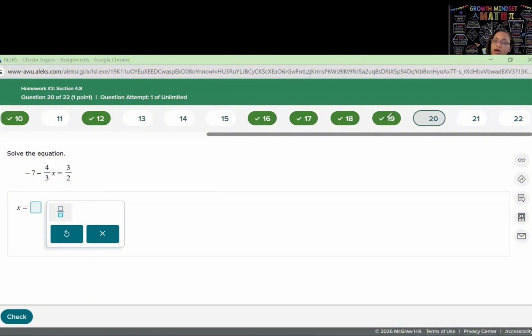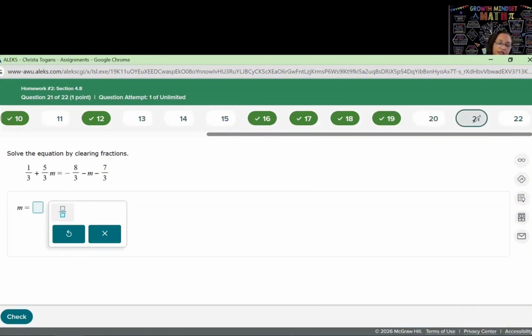So you just have to simplify. That one's a little challenging too. So give it a try. And then this just has a little bit of everything in it. So I challenge you to do this one. It's a little longer, so it's a lot to write on the screen, but just give it a try. Don't give up. Just keep going.